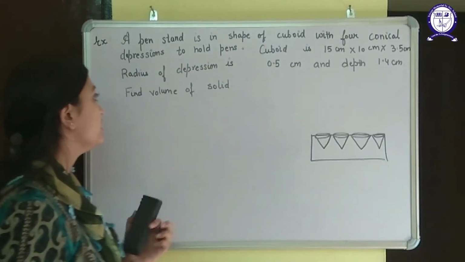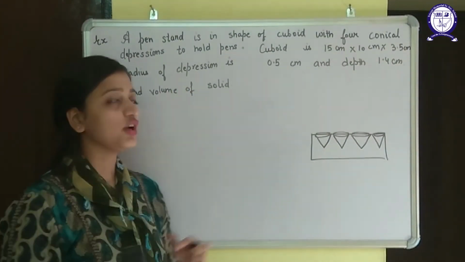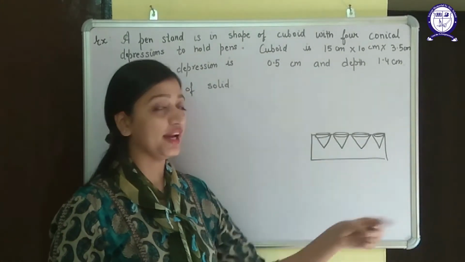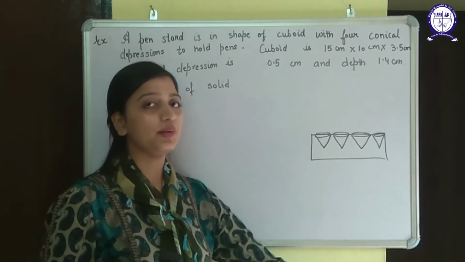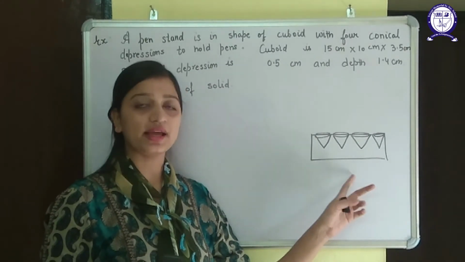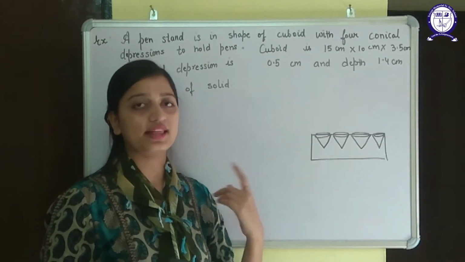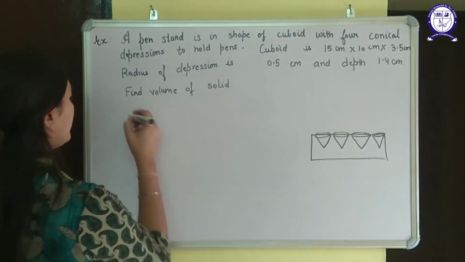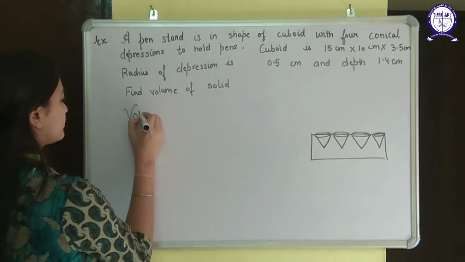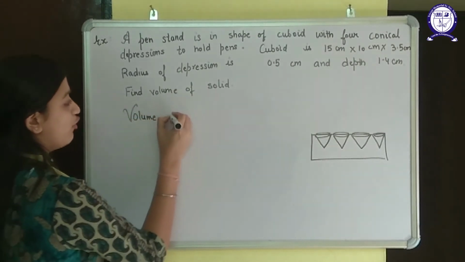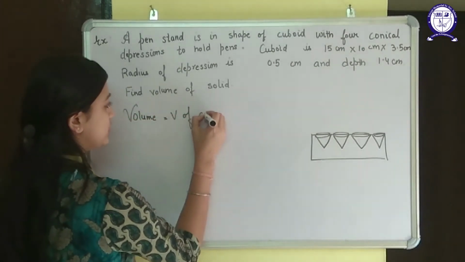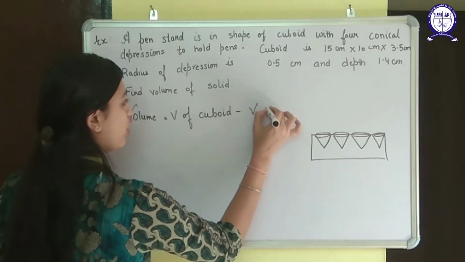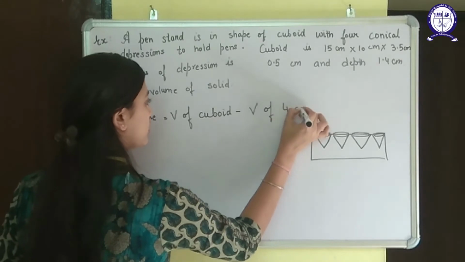Now it says find the volume of the solid. So what will be the volume of solid? Since these are the depressions made inside of it, it will be volume of cuboid minus volume of the cones. And how many cones? 4 cones. So the volume will be volume of cuboid minus volume of 4 cones.